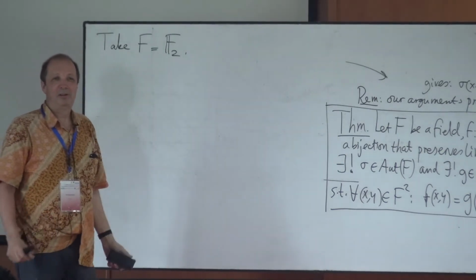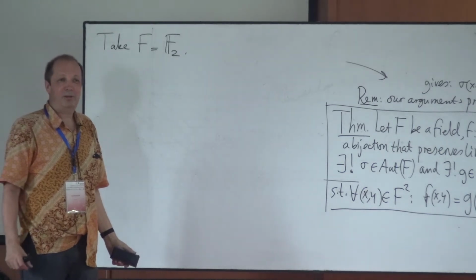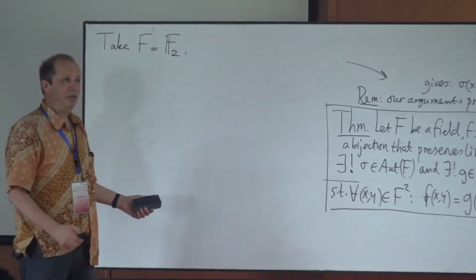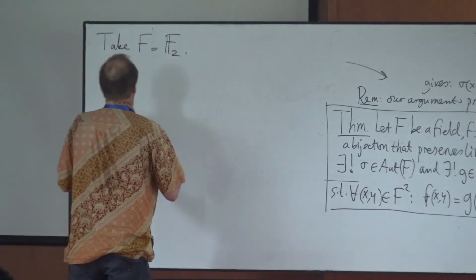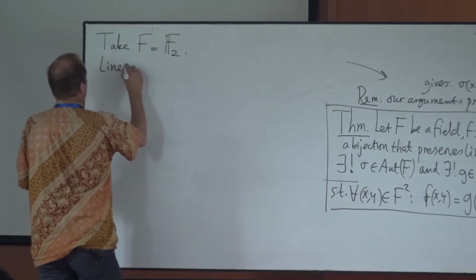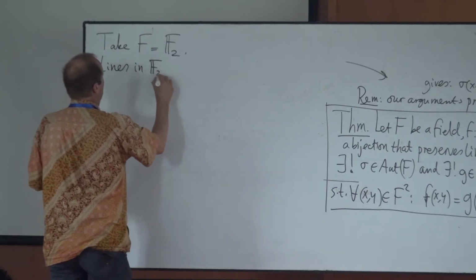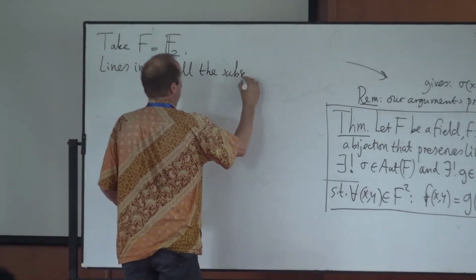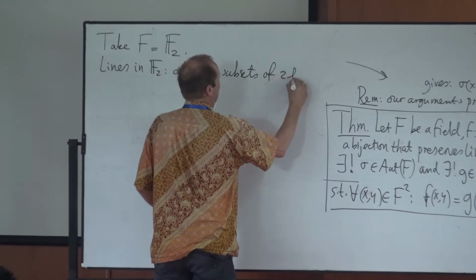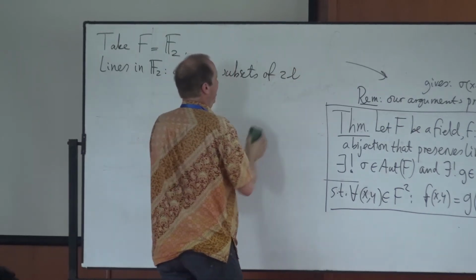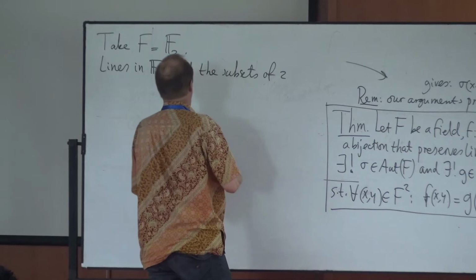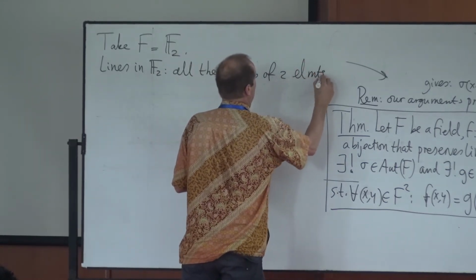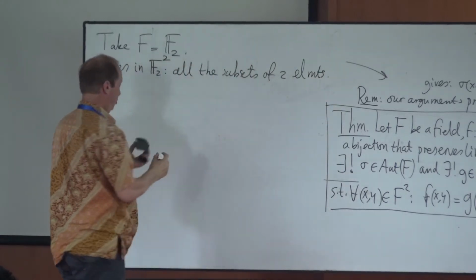2. But that means that all the lines in F2 squared are all these subsets of 2 elements. On a line there are only 2 elements.